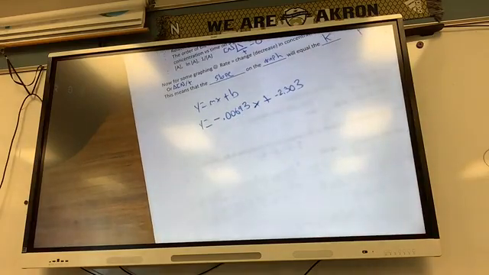Now, I have a piece of paper for you. This is going to change your life. Change your life. So, shoot. Cut this in half. This has all of your rate laws.